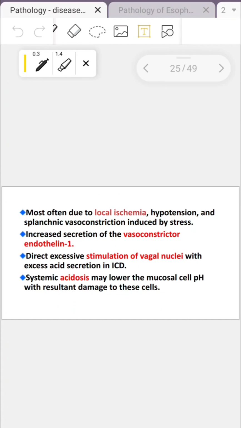Systemic acidosis can also lower the pH more, damaging the epithelial cells.